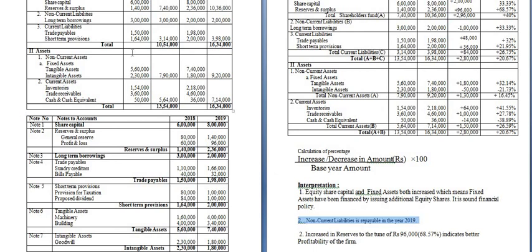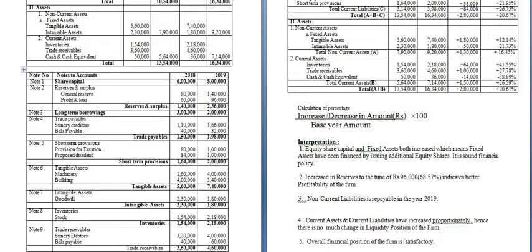Next interpretation is reserves and surplus. Do one thing, you should write this interpretation before non-current liabilities. Second one is reserves and surplus.